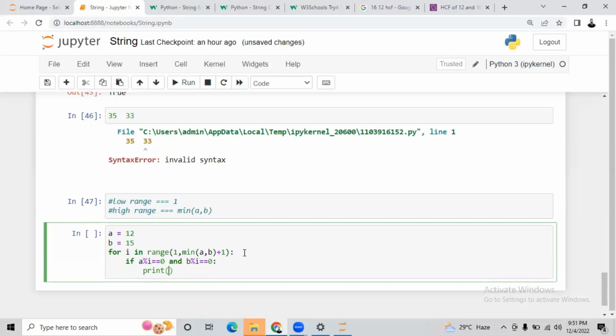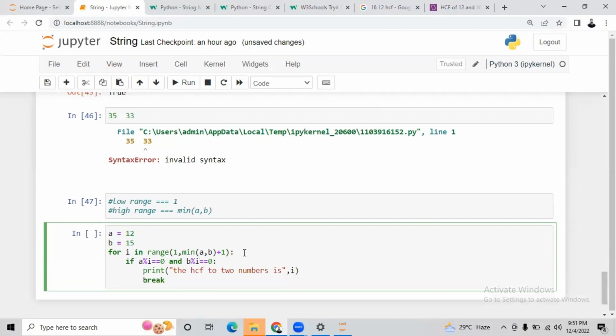So we are going to print i, because the HCF of the two numbers is i, and we are going to break. Okay. There is a problem in this code.